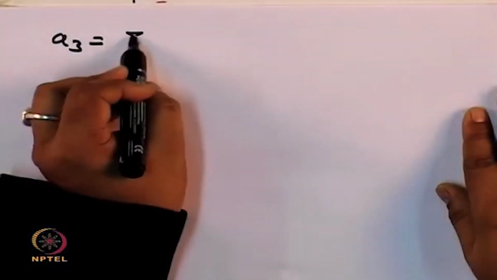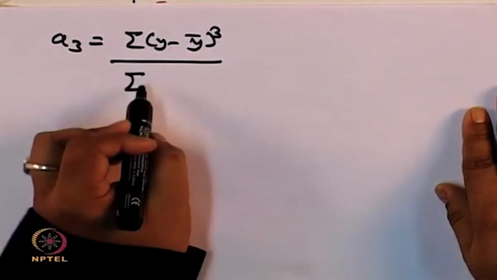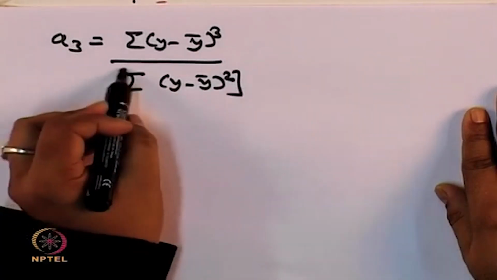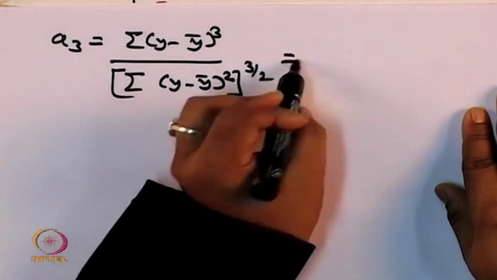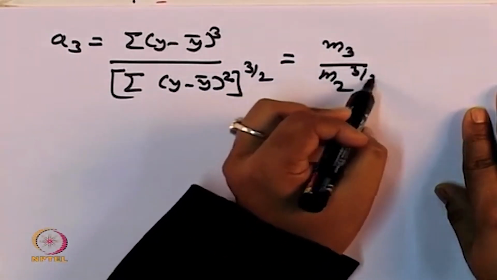Skewness is defined in a slightly different way: A3 is equal to summation of (y minus y bar) whole cubed divided by summation of (y minus y bar) whole square, whole to the power of 3 by 2. I can again rewrite this as M3 by M2 whole to the power 3 by 2.